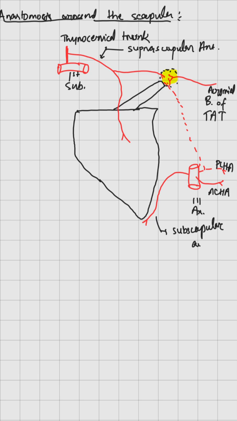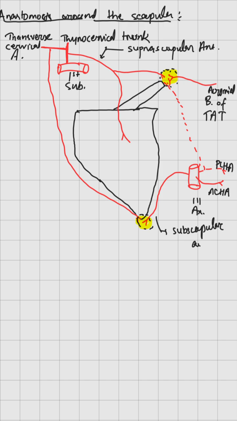Okay, from thyrocervical trunk, we also have another branch coming like this. Okay, this is running transversely. It is present at the level of the neck, the transverse cervical artery. From transverse cervical artery, we will have a branch like this, which will form an anastomosis here.